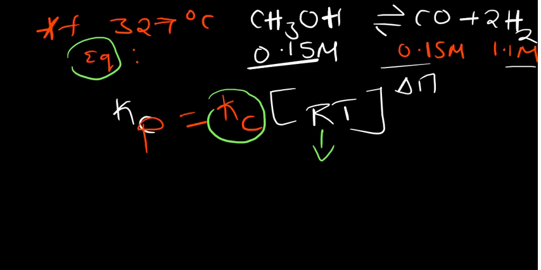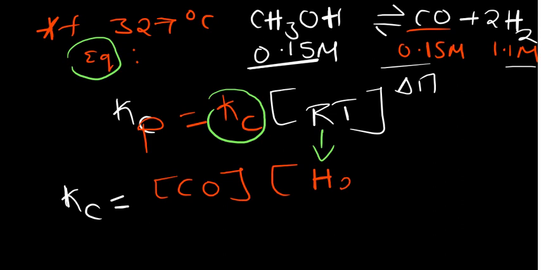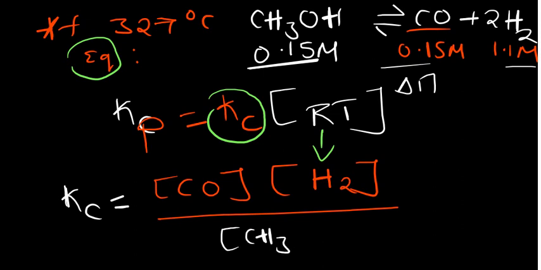So first of all, our Kc is going to be given as what? We said products, in this case we have carbon monoxide and hydrogen gas. So not only did we say you multiply them, you're supposed to be raised to what? What are the powers for carbon monoxide and the hydrogen gas?